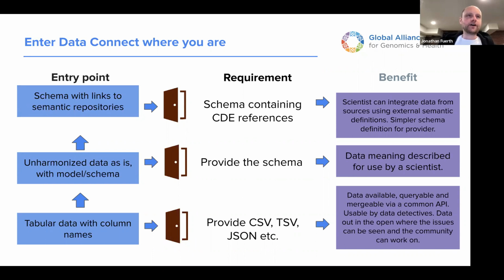And then finally, the top door is if you have data that's already conformed to some externally defined schemas or concept libraries, then you can describe your data in full detail, relating each table or each column within a table to externally defined concepts that are actually used in common across many data sets that conform to that sort of knowledge organization system.